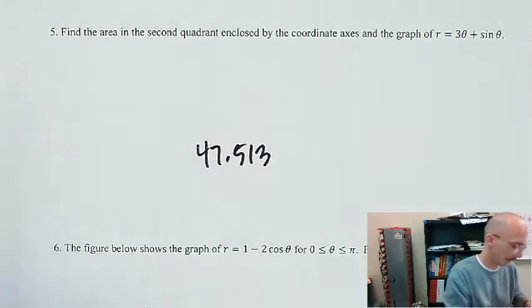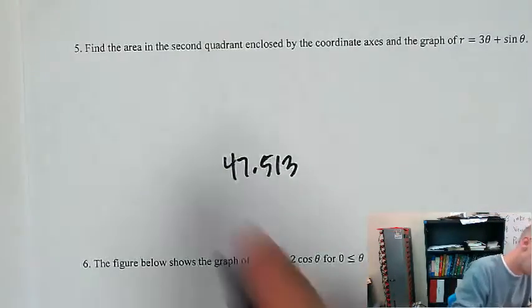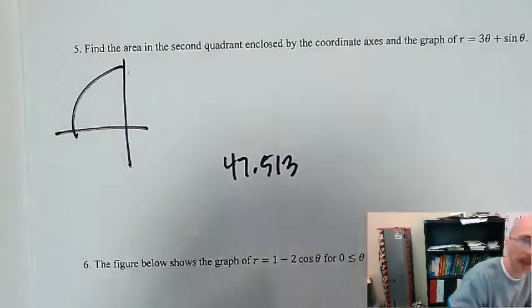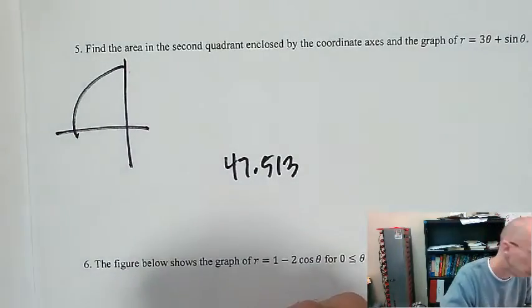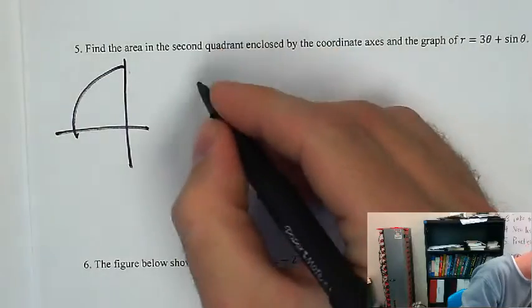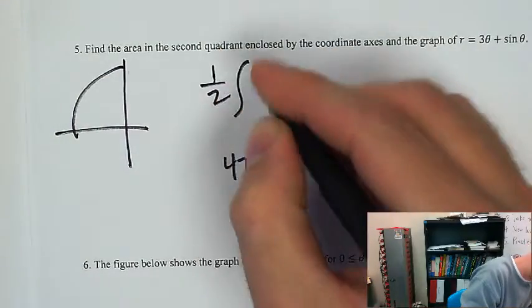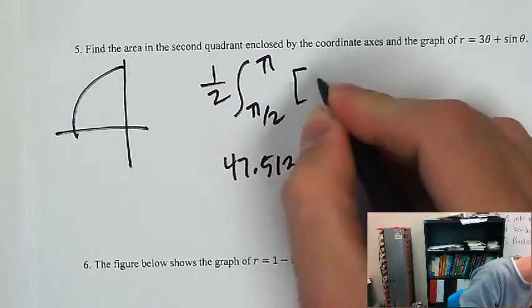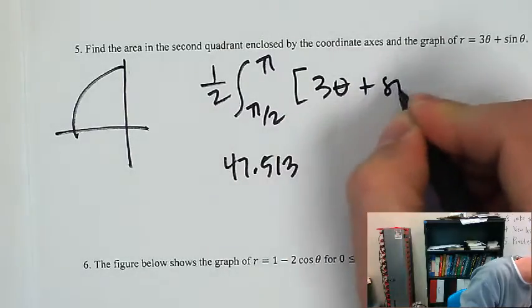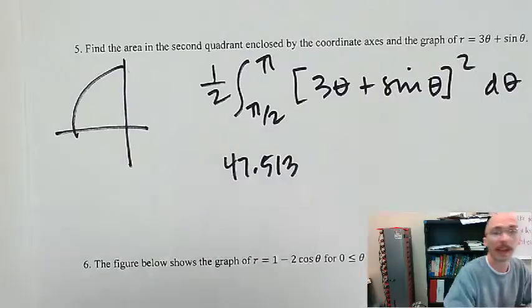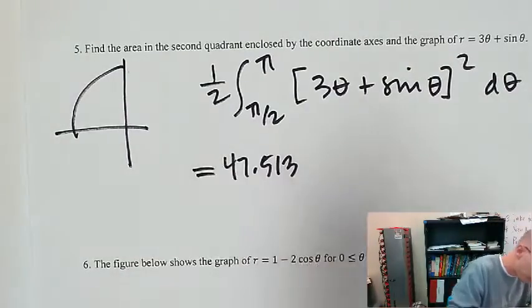You see that much area, that's not going to be the appropriate thing to give. Right, I'm going to say, all right, it looked kind of like that. I mean, that's really an oversimplification, but it's good enough. And I'm going to say I'm integrating 1/2 of the integral from pi over 2 to pi of r squared d theta, and that gives me that.